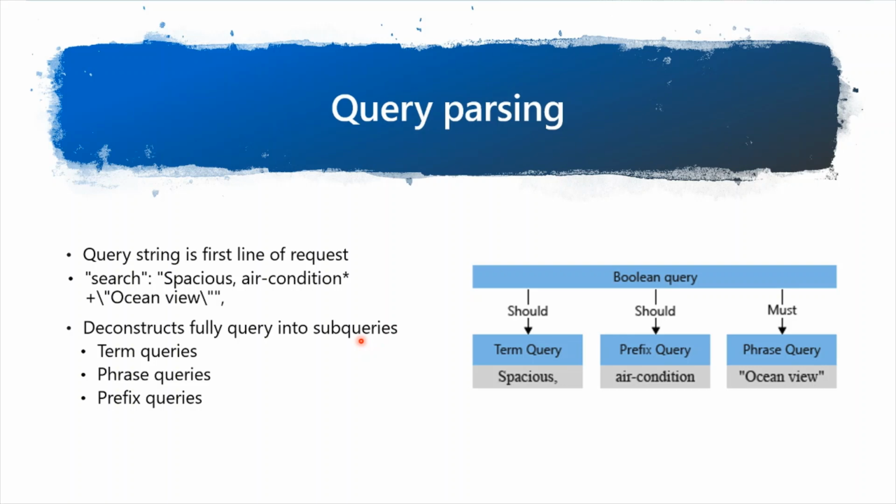Operators associated with the subquery determine whether the query must be or should be satisfied for a document to be considered a match. For example, ocean view is a must due to the plus operator. You see here, search spacious, air condition star, and then plus. You put plus here, and that means must be. So you search for should be spacious and air condition, and then you say ocean view.